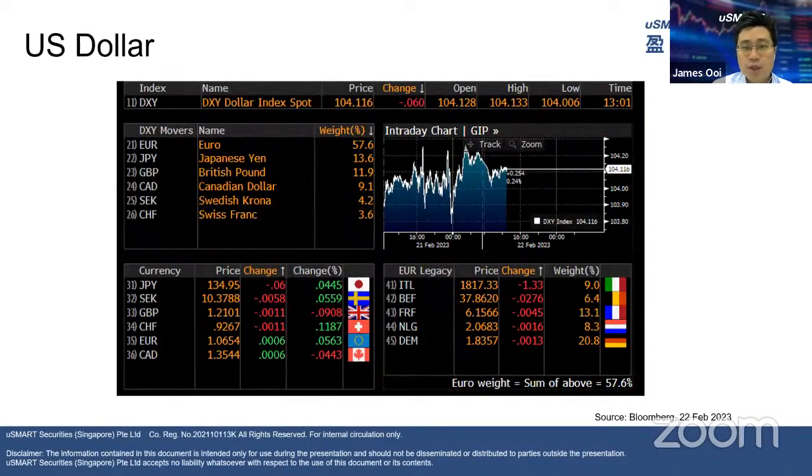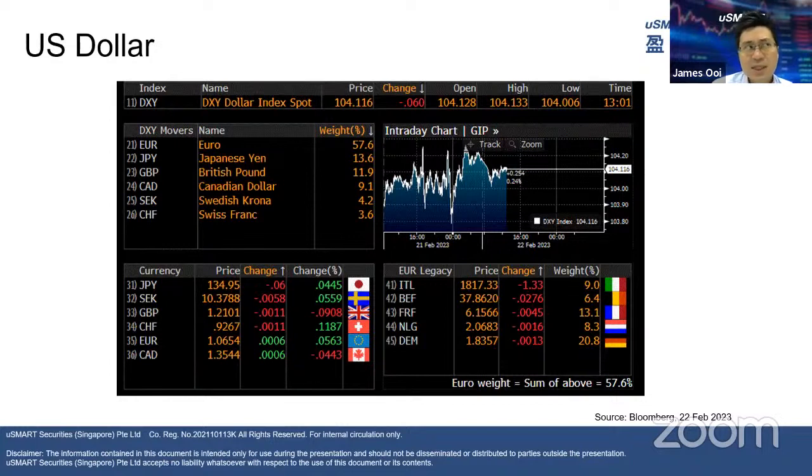Before I go into introducing you to individual currency pairs, I want you to look at the US dollar index. To me, it is important to understand the overall trend of the US dollar index. It is like if you understand the general trend of the Singapore STI index, you will normally get a hang of how DBS, OCBC, and UOB will perform.